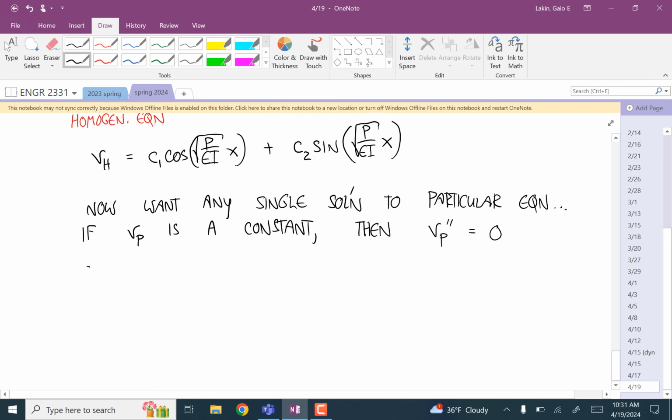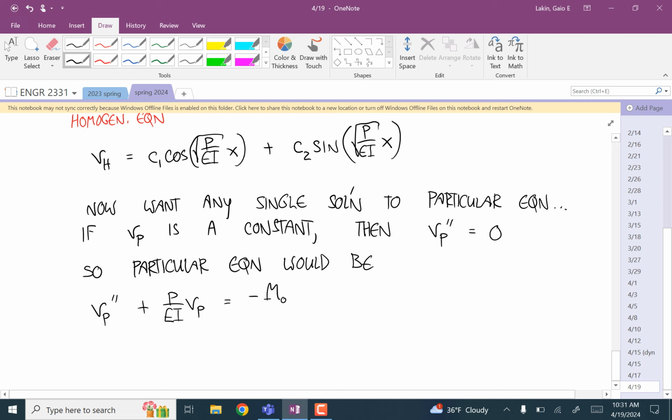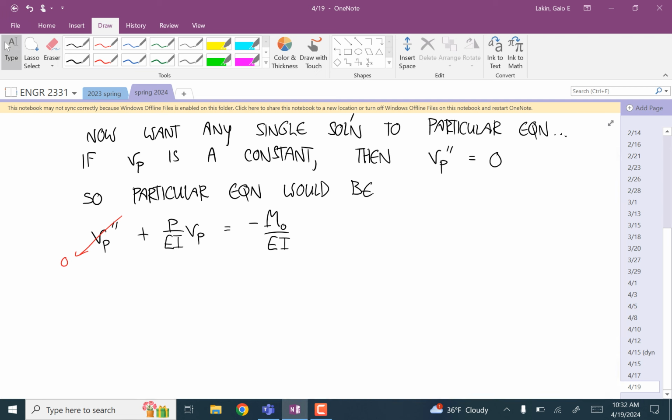So the particular equation just becomes, we can write it as VP double prime plus P over EI VP is equal to negative M sub 0 over EI. And this is 0 because we're assuming it's a constant. And now we can just solve for that constant.